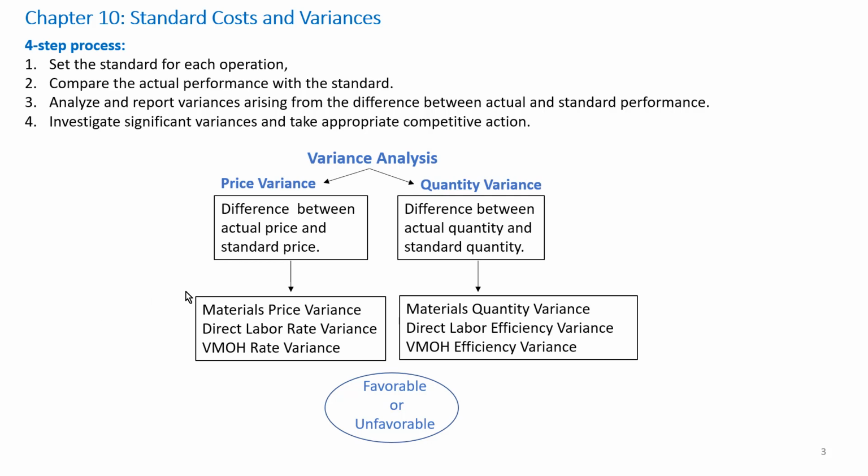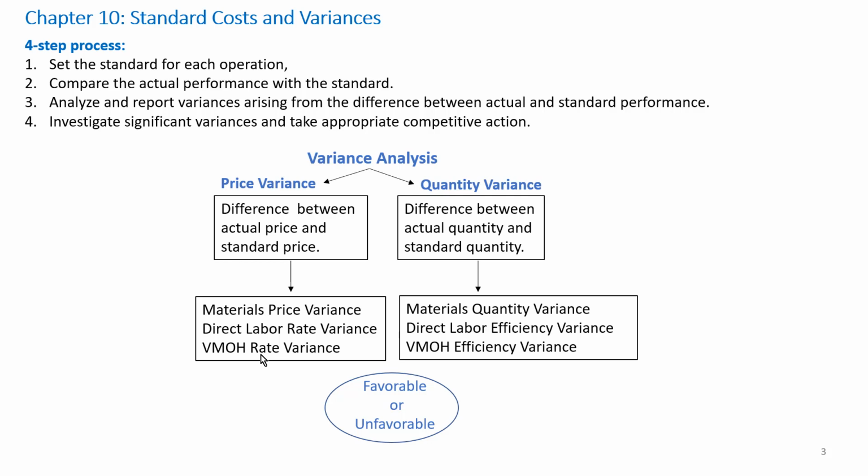When discussing price variances, variances relating to direct materials are referred to as price variances, while variances for direct labor and variable manufacturing overhead are referred to as direct labor rate variances and variable manufacturing overhead rate variances.